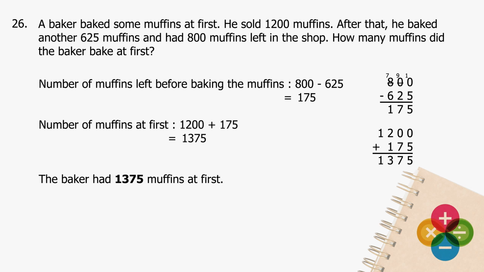The number of muffins left before baking additional muffins will be, subtract 625 from 800, and the difference is 175. The number of muffins at first will be, add 1,200 to 175, and the sum is 1,375. The baker had 1,375 muffins at first.